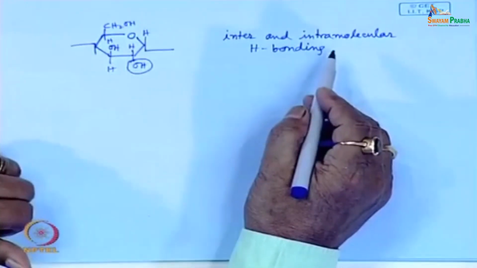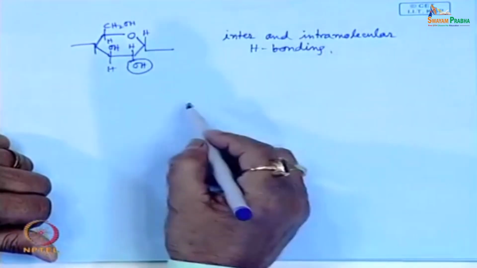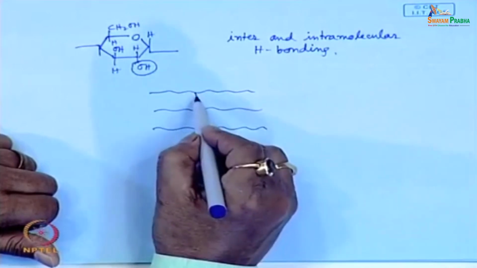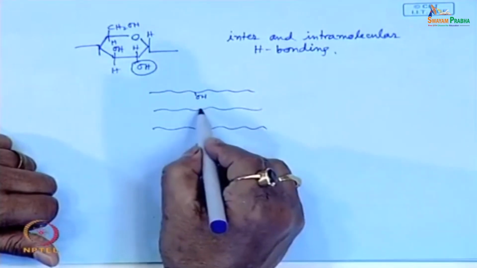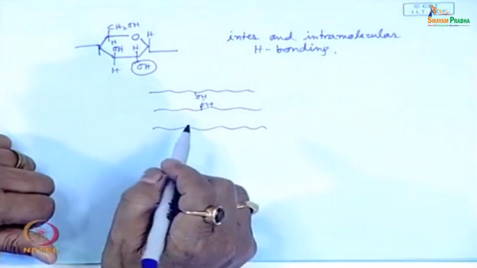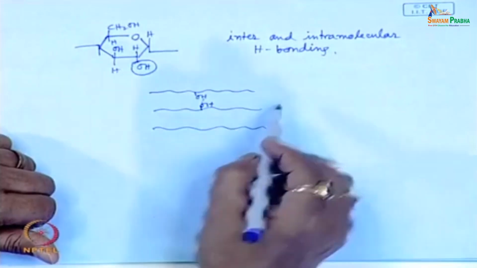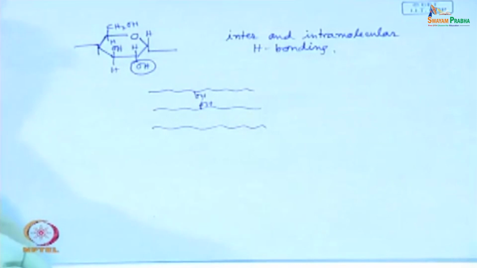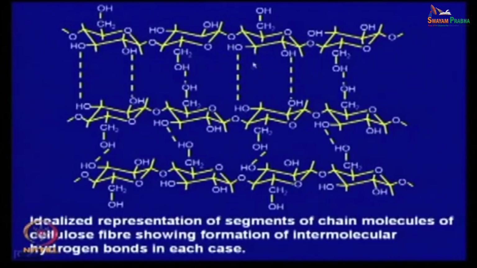But cellulose, although it is a thermoplastic polymer, does not, because it contains extensive inter as well as intramolecular hydrogen bonding. What are those things? Suppose it contains OH, here also it contains OH. So this O and H can enter into hydrogen bonding. There may be many, because you look into these units, each and every unit can enter into hydrogen bonding with other polymers.